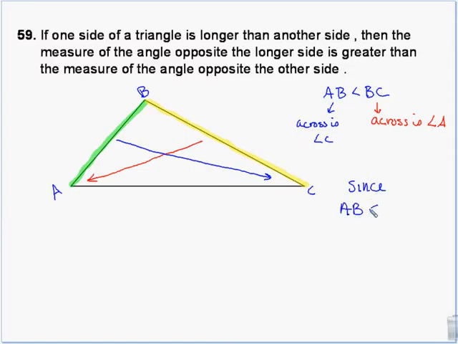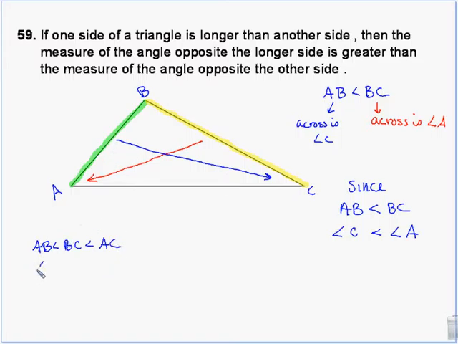Since AB is less than BC, angle C is less than angle A. And that's because the angle that opens wider creates the longer side. We could look at all three. AB is going to be shorter than BC, which is going to be shorter than AC.